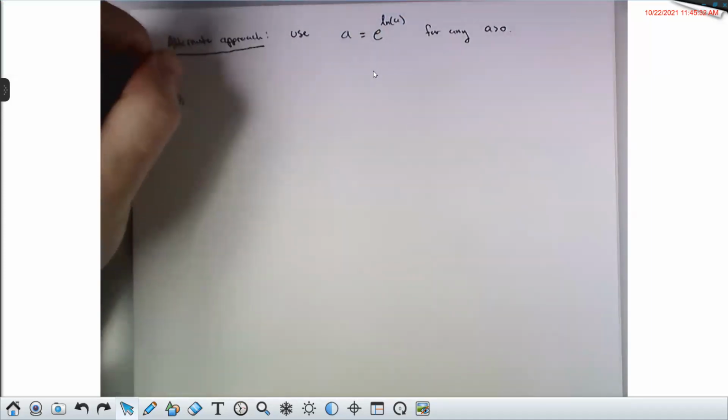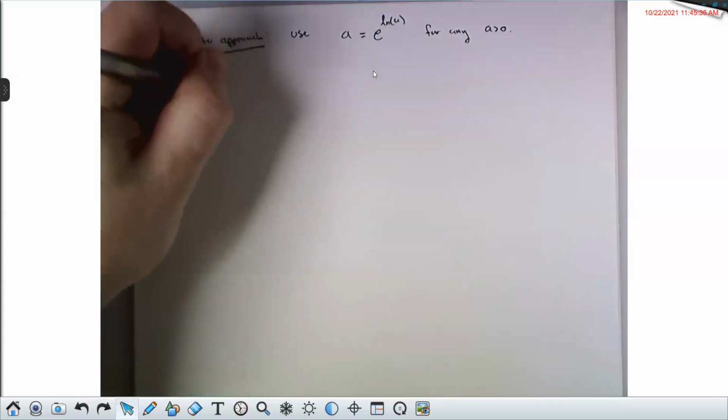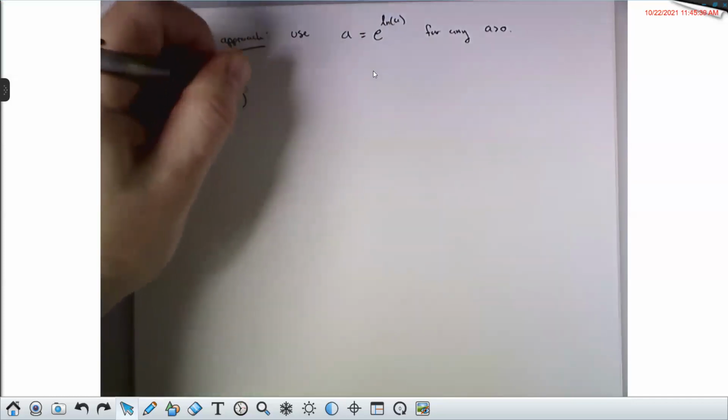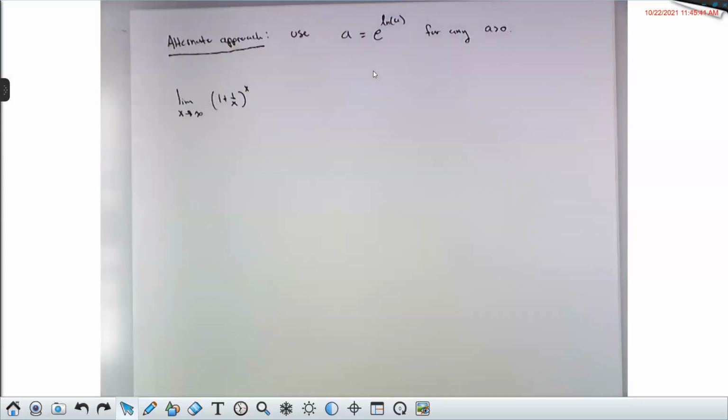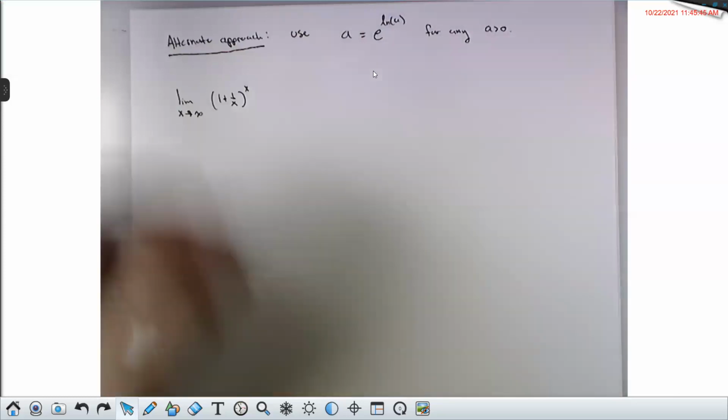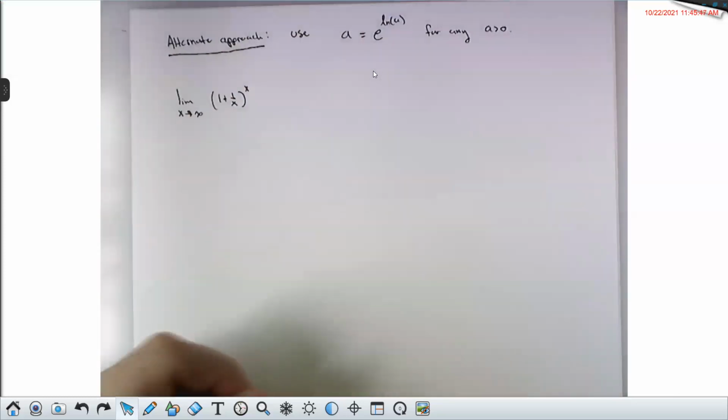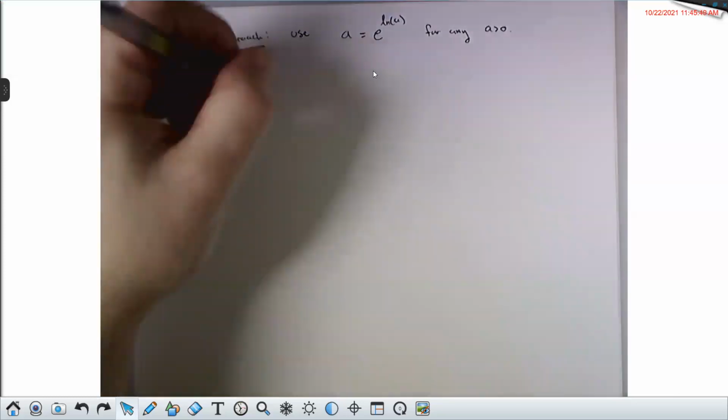So I could say the limit as x goes to infinity of 1 plus 1 over x to the x. I think the appeal of this is that it's direct. We're going to have an unbroken chain of equal signs with the correct answer at the end.